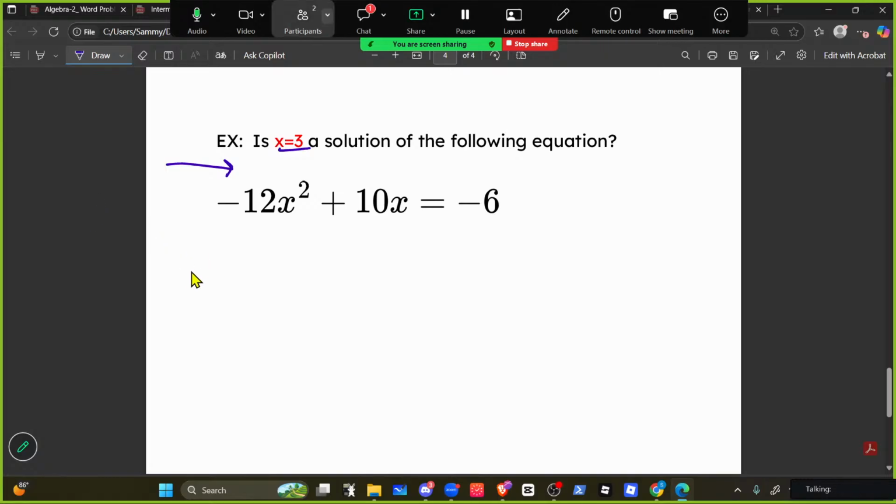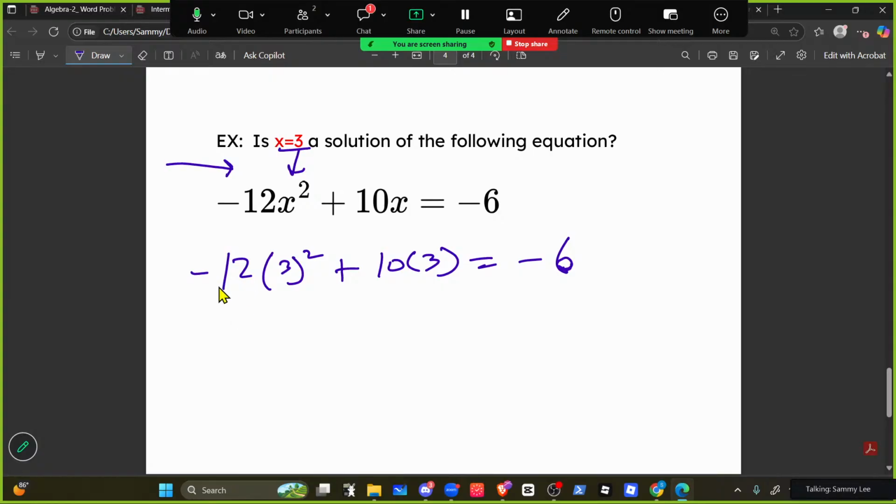Okay. Again, we're going to plug in 3 for x and see if we get a true statement. So we get negative 12 times 3 squared plus 10 times 3 equals negative 6. Again, you need to be aware of your order of operations. We're going to have to raise 3 to the second power first before multiplying by negative 12. So this is going to be negative 12 times 9 because 3 squared is 9. So negative 12 times 9, what is that?